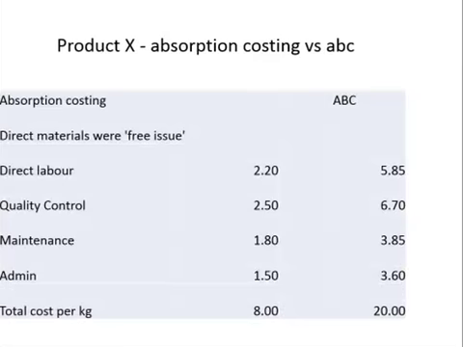Now, I mentioned earlier an example of absorption costing or traditional costing versus ABC. If you think about your own business at the moment, you have some method of getting your overhead to product. It may be what I call absorption type, it may be labor hours, some general method of getting your cost over to product.